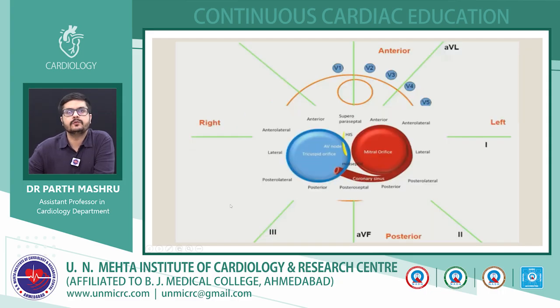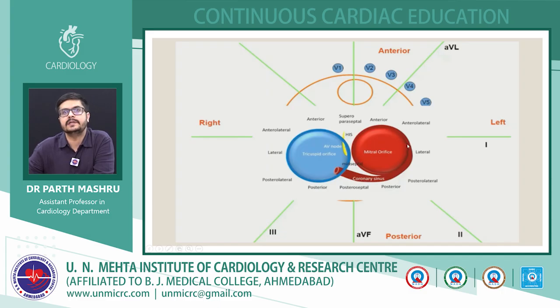If we superimpose that image on the ECG lead orientation, as you can see here on the mitral orifice and the tricuspid orifice, for example, if the accessory pathway is on the anterior or anterolateral surface, there will be more negativity in the aVL lead, because the delta wave will be moving away from this direction.